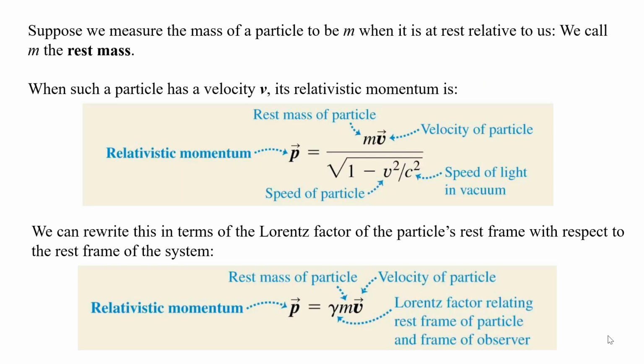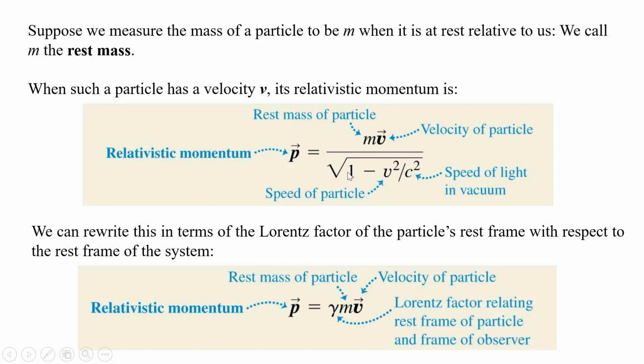Suppose we measure the mass of a particle to be m when it is at rest relative to us. We call m the rest mass. When such a particle has a velocity v, its relativistic momentum is given by this equation.